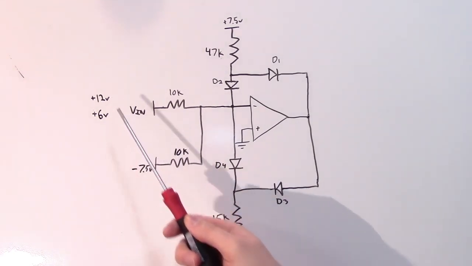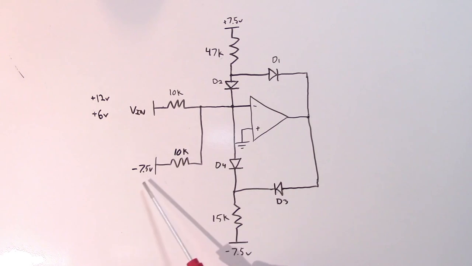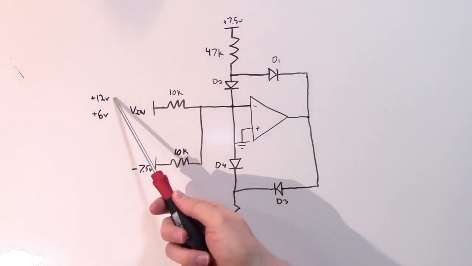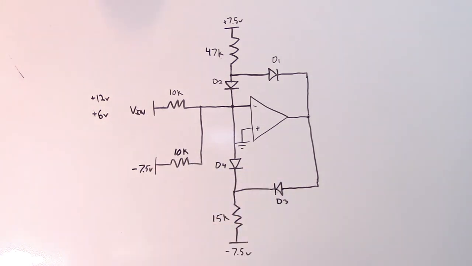And when the input is 12 volts, the total input here is going to be positive 4.5 volts. So we do get, by adding this offset voltage, a negative trip voltage and a positive trip voltage for our low and high voltage levels, respectively.